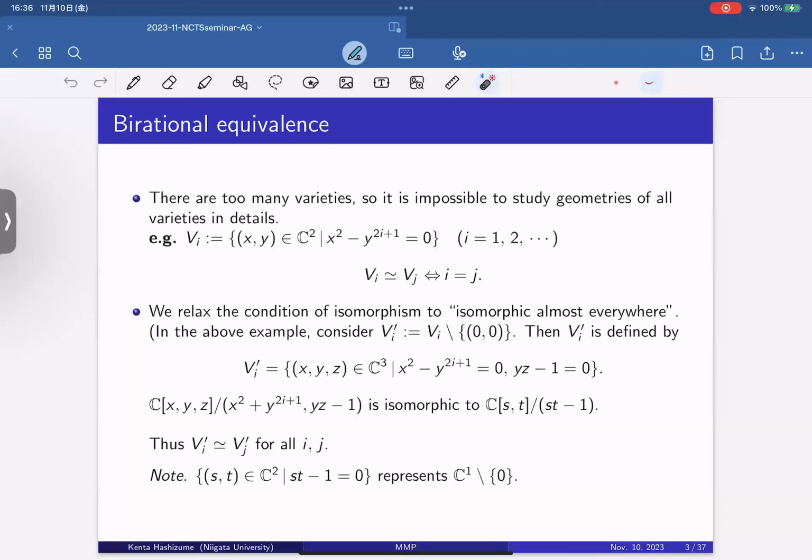And this ring corresponds to the algebraic variety defined by this equality. And this algebraic variety is the punctured line. So this V_i' is isomorphic to the punctured line.